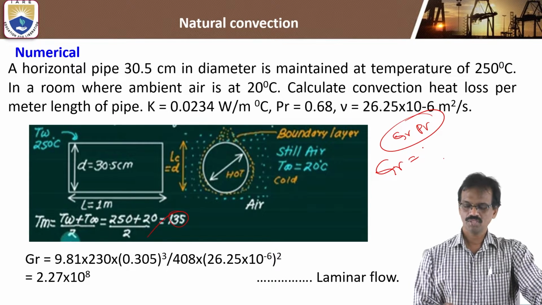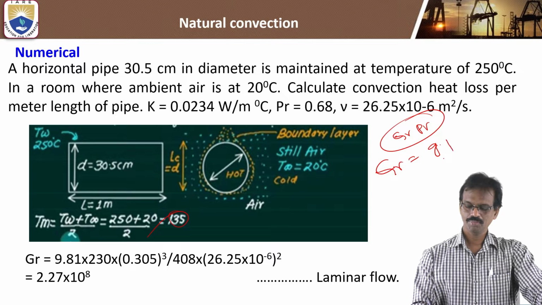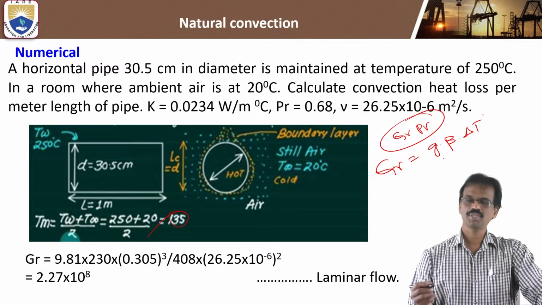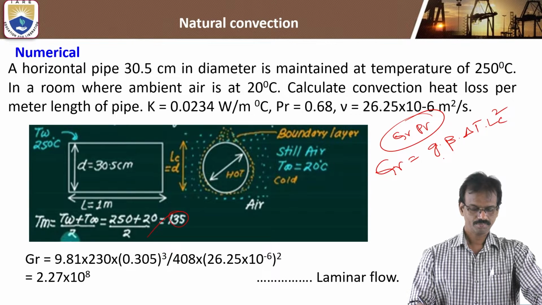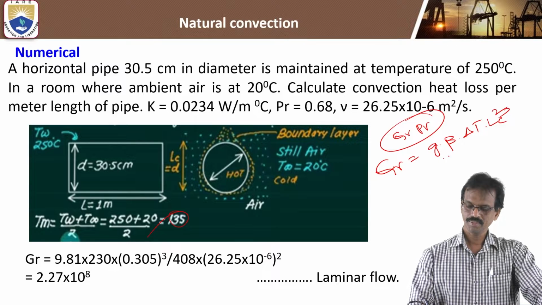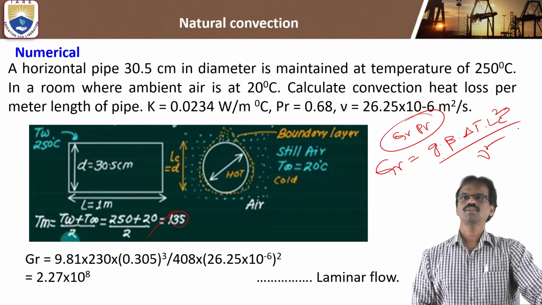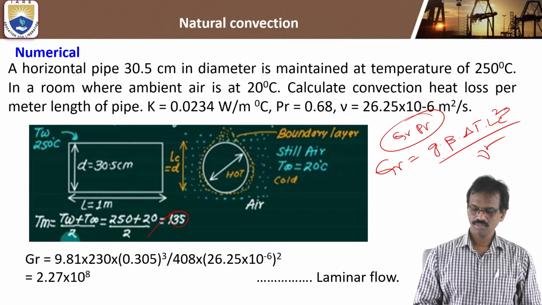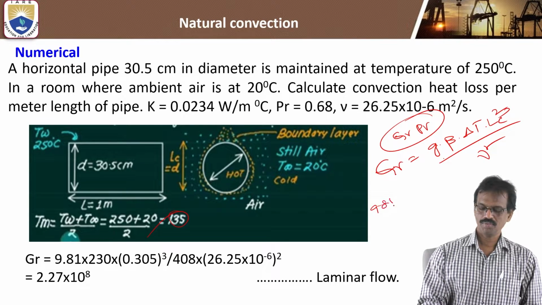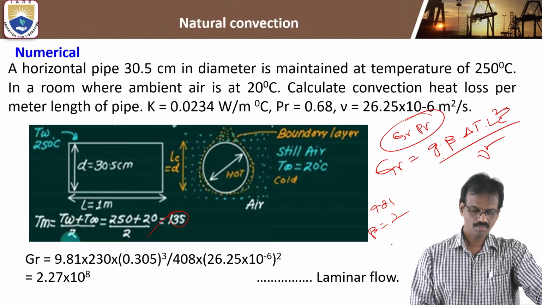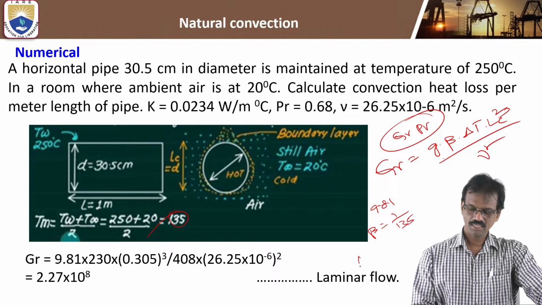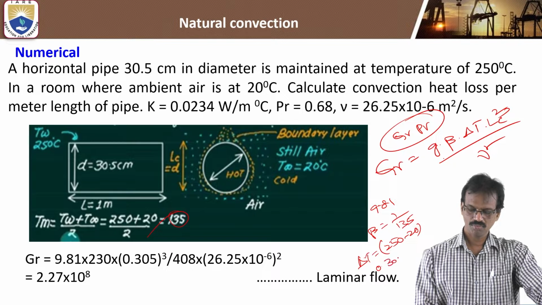What is the formula for Gr? Gr equals g, acceleration due to gravity, times beta, the expansion coefficient, times delta T, the temperature difference, times characteristic length cubed, divided by kinematic viscosity squared. Here g is the constant 9.81 meter per second square, beta is 1 by T mean, and delta T is 250 minus 20, and Lc is the diameter, 0.305.